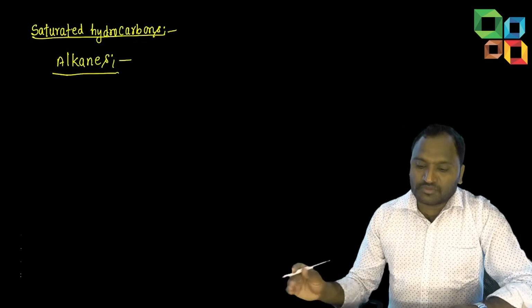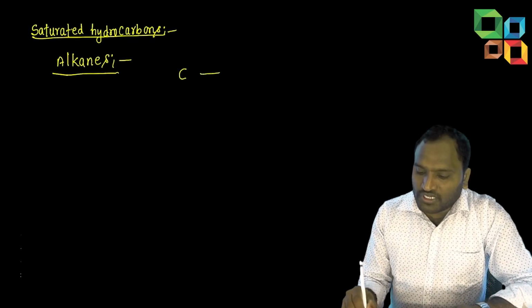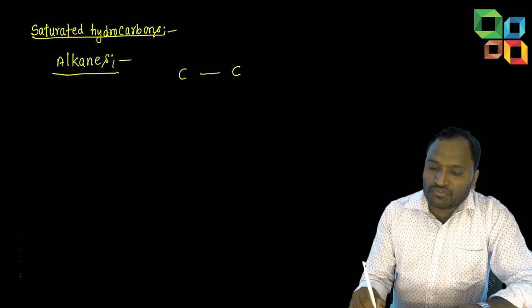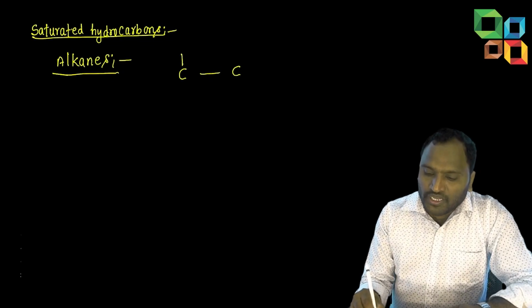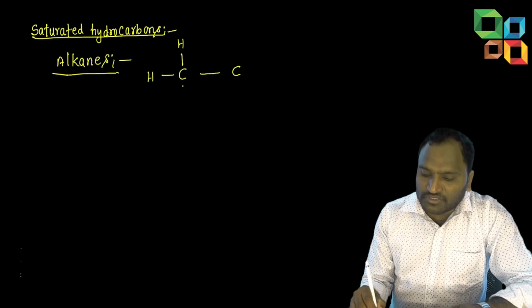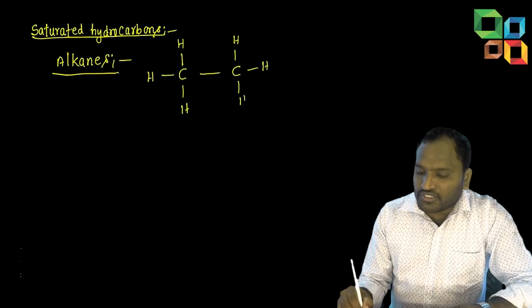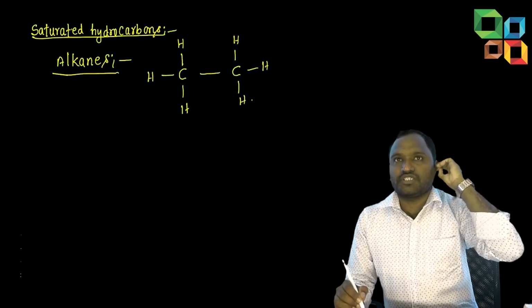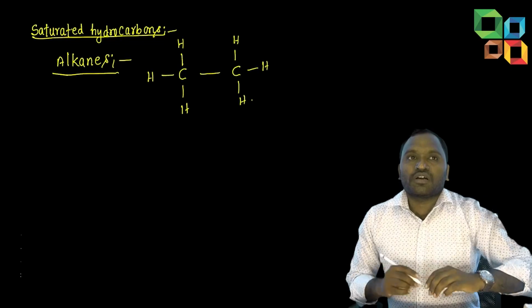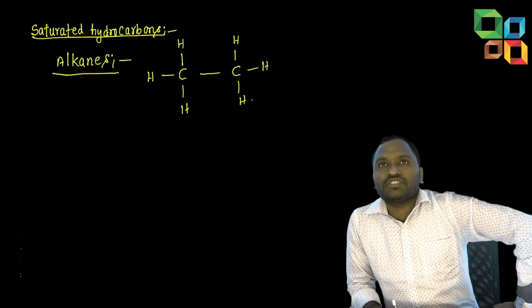Saturated hydrocarbons means, I told you, students, carbon valency is 4. If the total valency is satisfied with hydrogens and carbons, then that hydrocarbon is called saturated hydrocarbon.